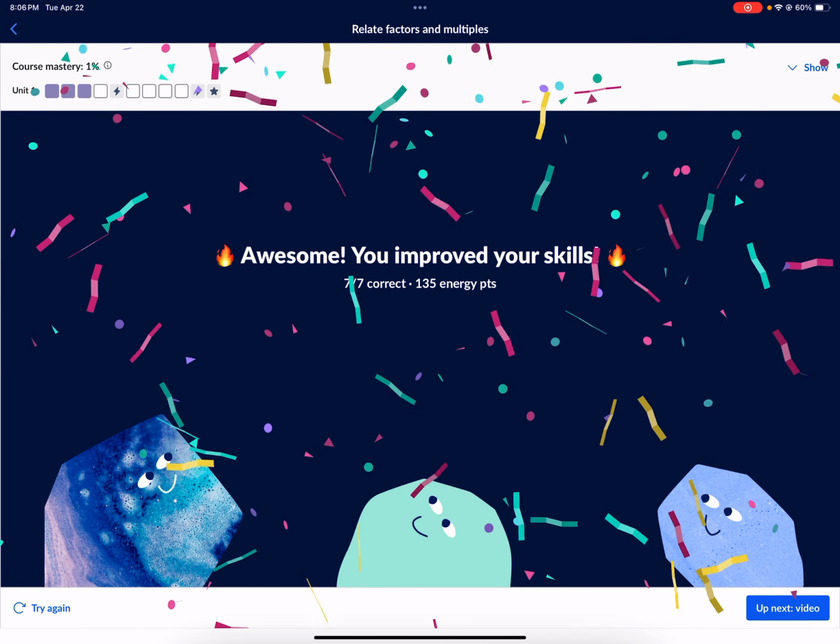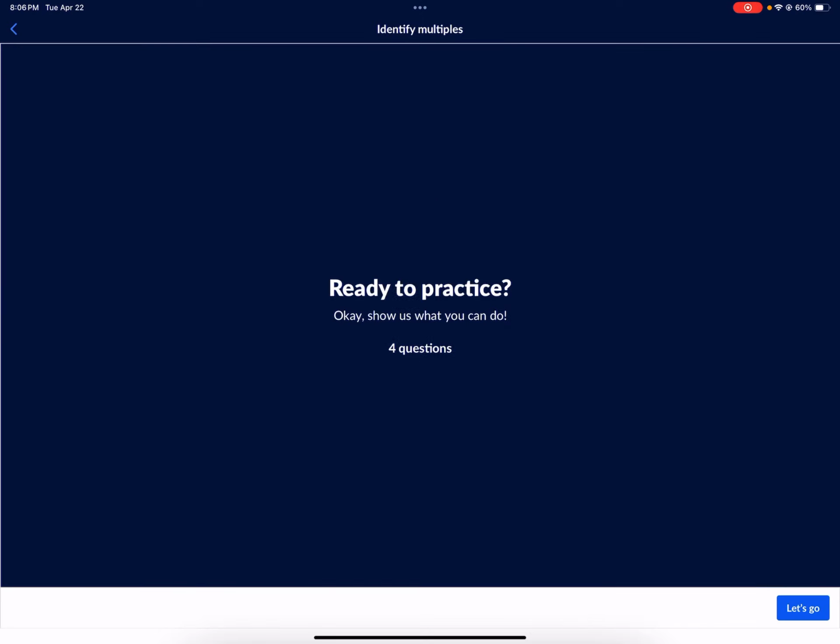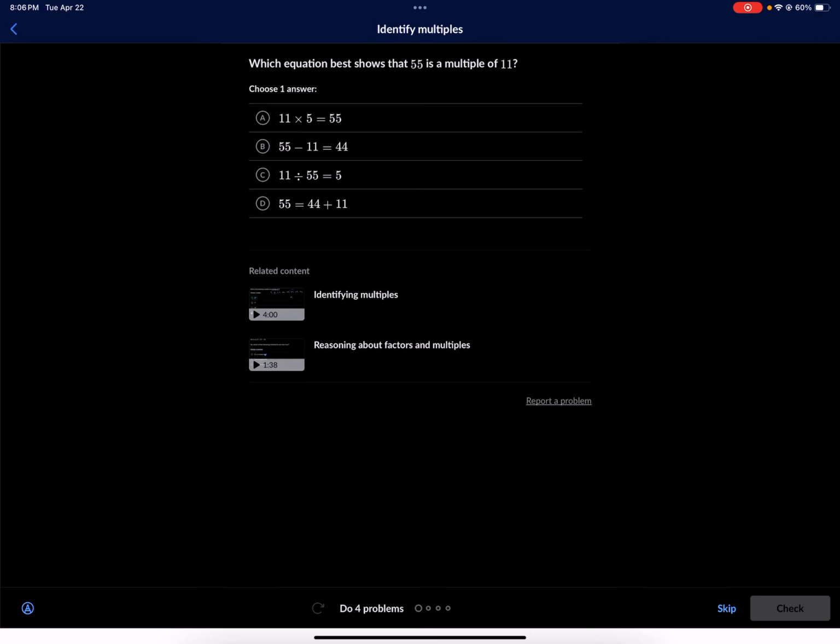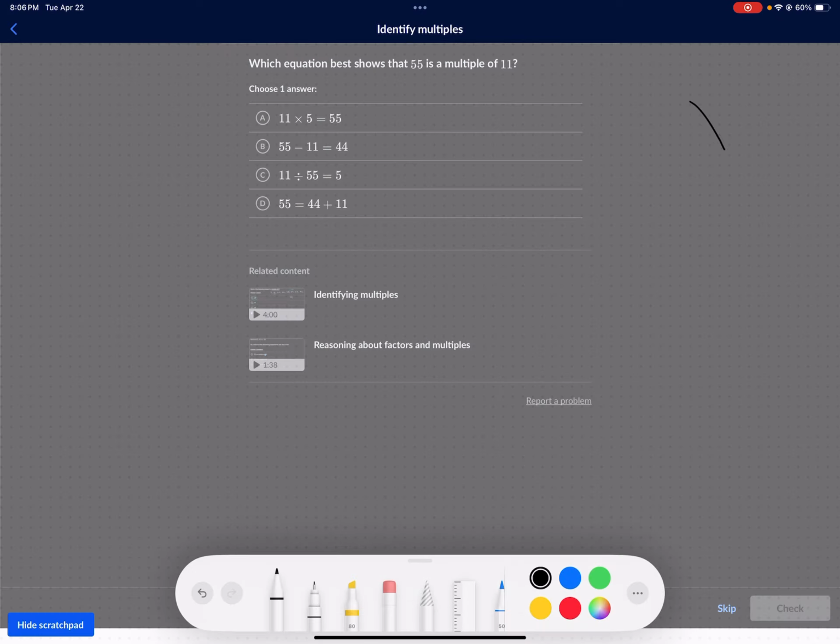So let's go ahead and move on to the next one. Identify multiples. Which equation best shows that 55 is a multiple of 11? So we're having the exact same idea from the last unit. Since we're looking for a multiple, we need it to be multiplication or division, and it has to be correct.